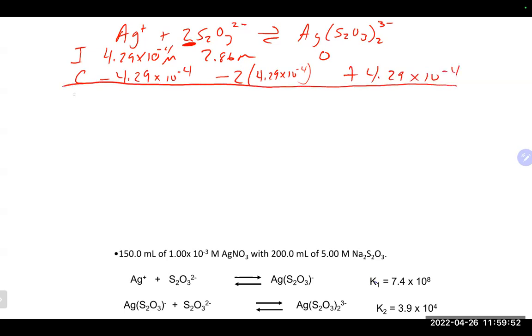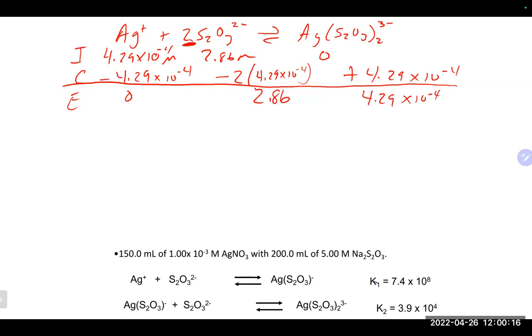That's going to give us at equilibrium 0 for our silver based on our assumption. We'll have 2.86 minus 4 times 4.29 times 10 to the minus 4, which is basically still going to have us at about 2.86, and we would have 4.29 times 10 to the minus 4.